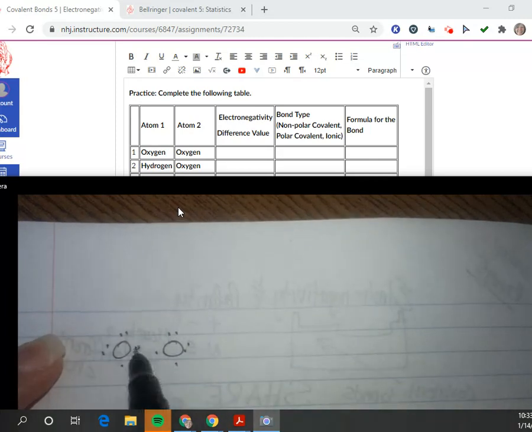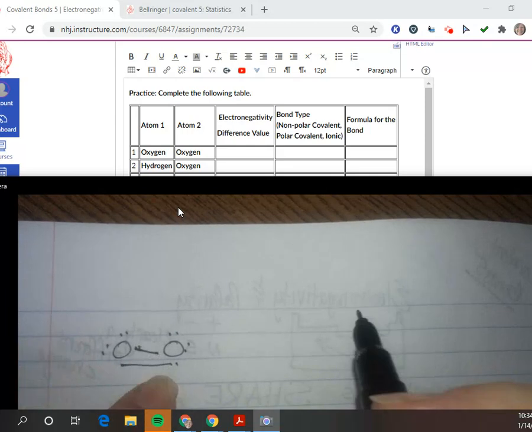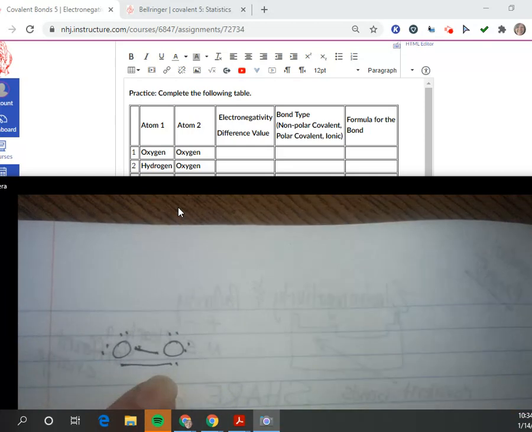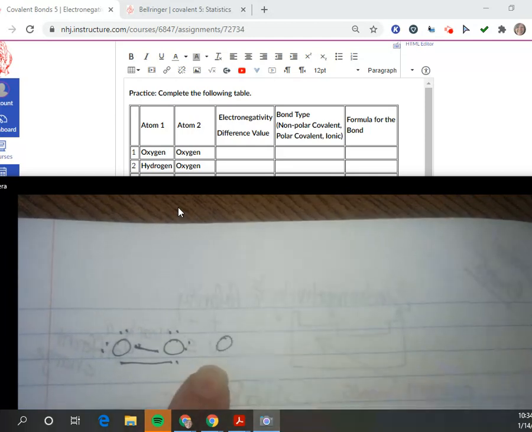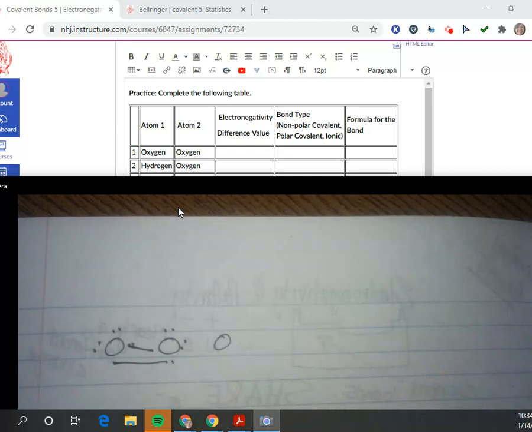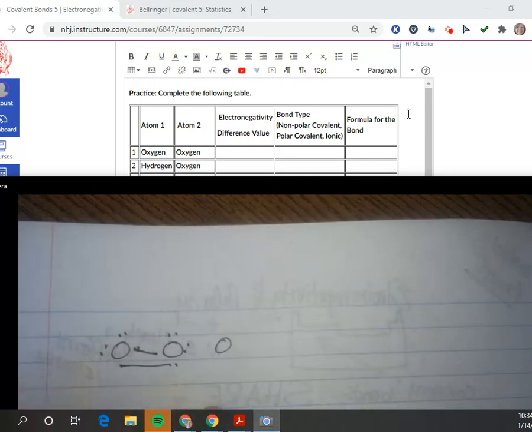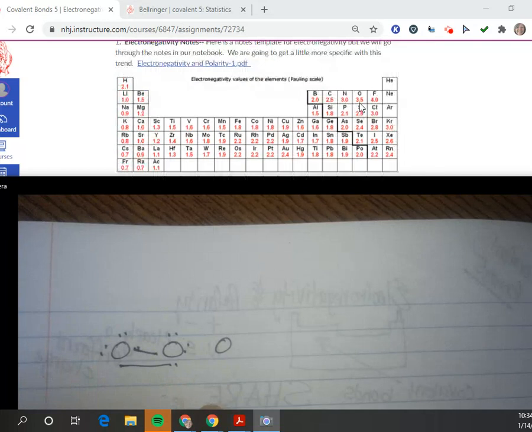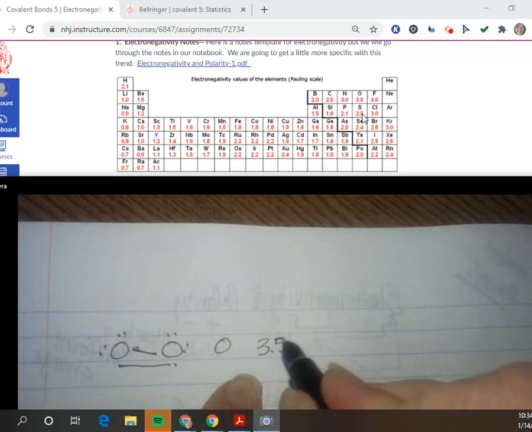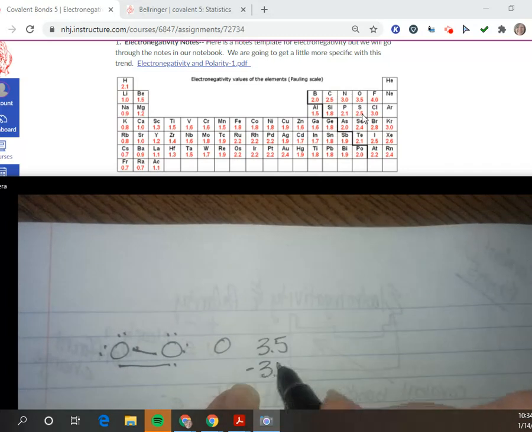They're going to make just the lonely electrons connect. All right. But the electronegativity difference value. Well, oxygen is always oxygen. So if I scroll back up in the lesson, oxygen is 3.5. I'm going to say 3.5 minus 3.5.